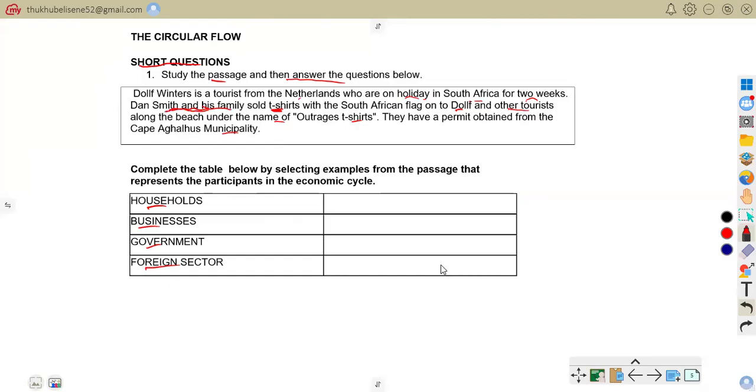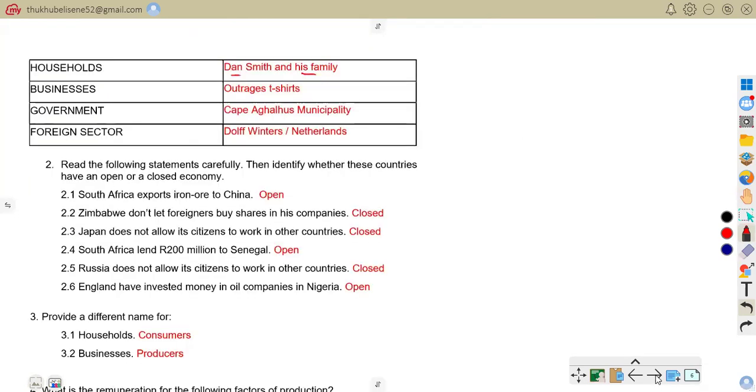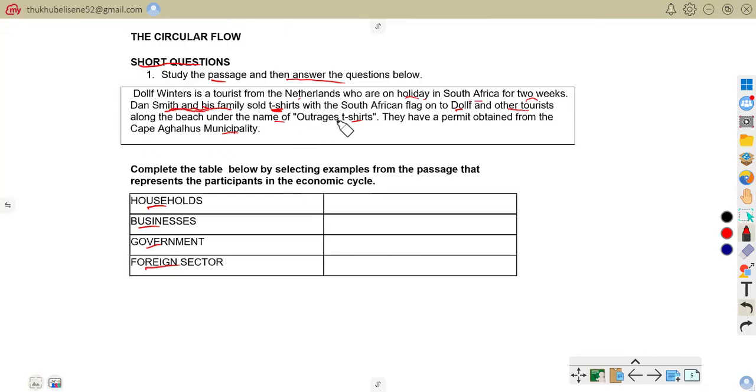Now the other one is business. Business, as you can see, it's Outrageous T-shirts. So these are what they sell. They sell goods, these t-shirts. They're saying they sold t-shirts with the South African flag to other tourists under the name of Outrageous T-shirts.